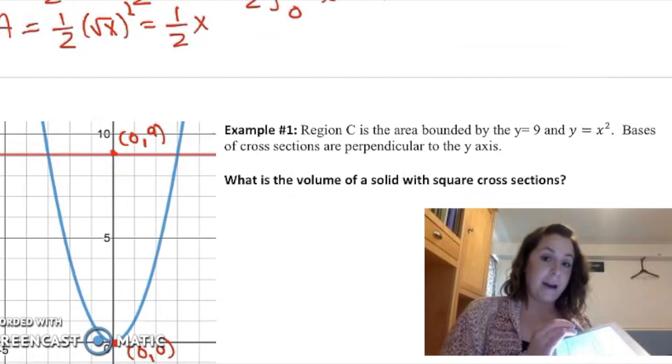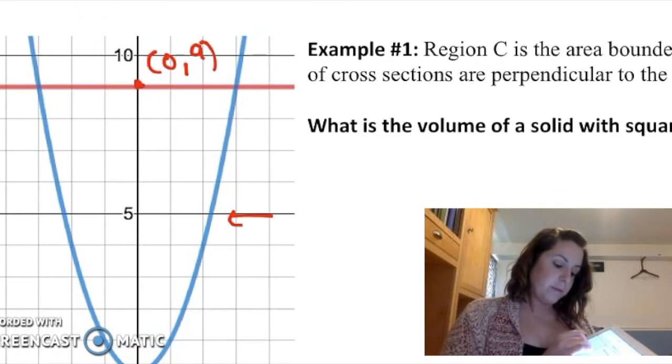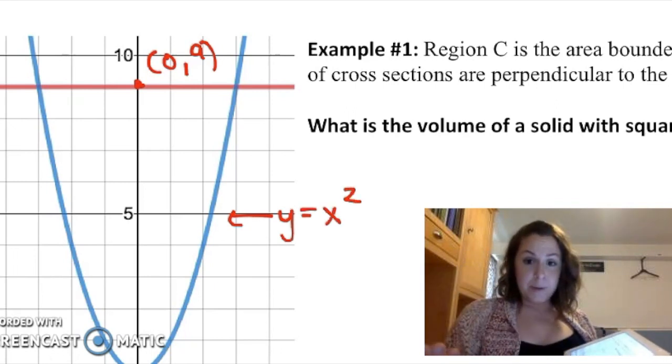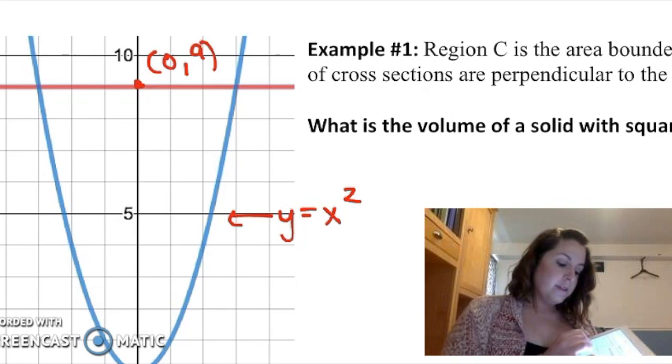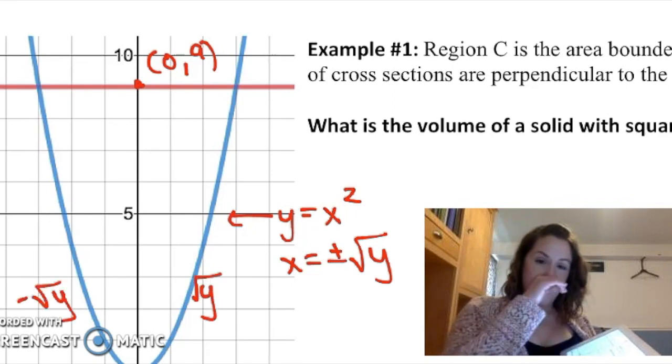And then I'm going to think about my curves. So yes, this is y equals x squared, right? But I want this in terms of y because I'm going to use dy. So x would equal plus or minus radical y. So this side would be positive radical y, and this side would be negative radical y.